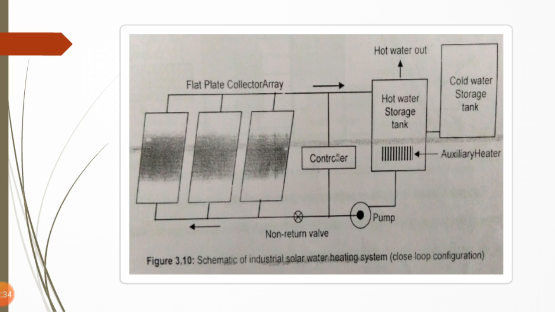But in this system, in order to obtain the closed loop configuration, there is the use of a controller and the water pump. As we discussed in our previous video, in forced circulation there is a requirement of external equipment used for pumping the water, so this is the water pump which is used for pumping the water from the storage tank to the flat plate collector array.